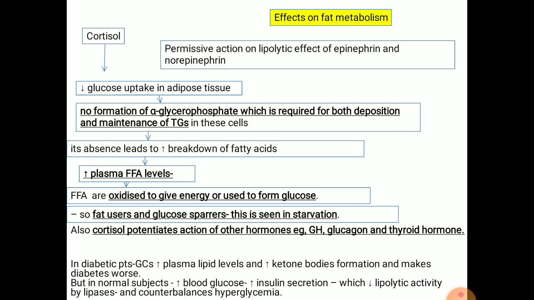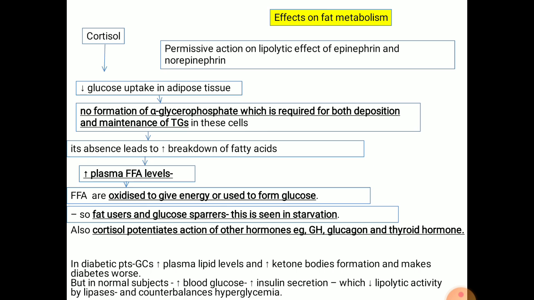Mainly the cortisol has a lipolytic effect, meaning it causes the breakdown of the fat. Mainly it acts via the permissive action with the epinephrine and norepinephrine, which also have a lipolytic effect. Permissive action means it potentiates the action of the other hormone.